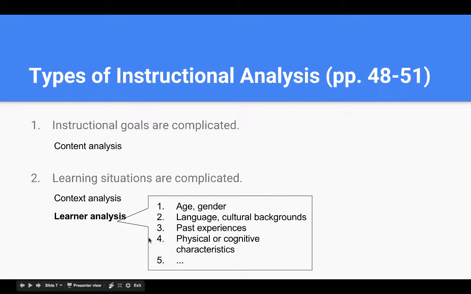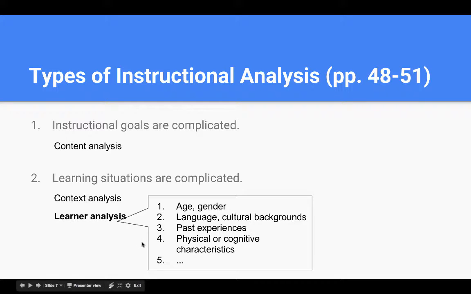The key in learner analysis is to identify the characteristics and differences among the learners that matter to teaching and learning. For example, students' age and language is important information for instructional designers because the way you teach a second grader who speaks English as a first language would probably be different than how you teach a fifth grader who's not very fluent with the English language.